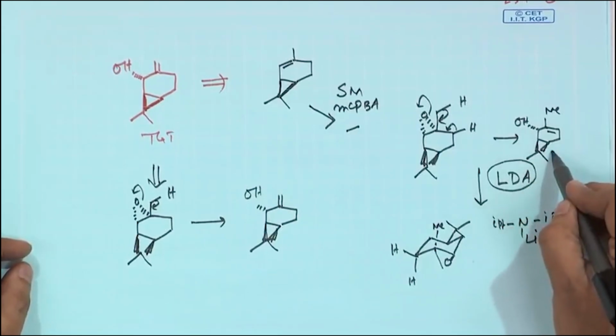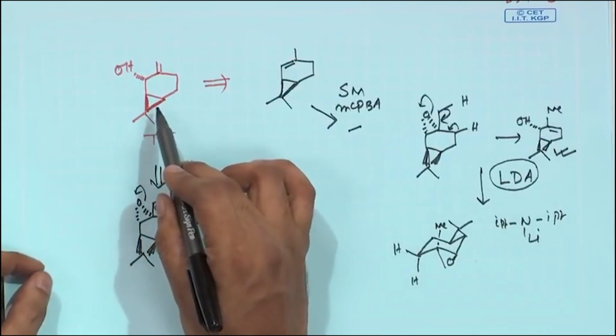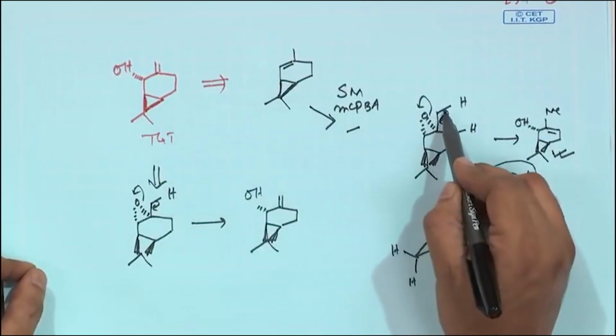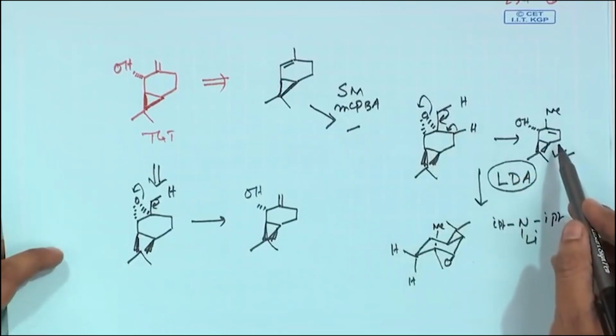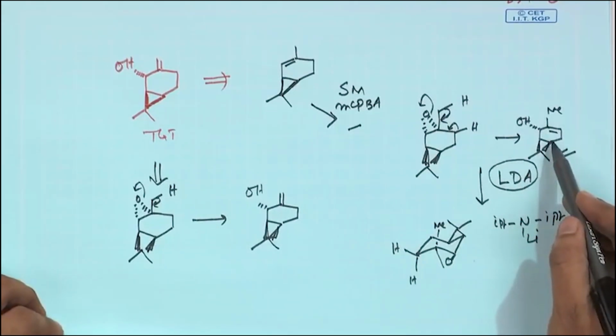In reality this product might also be formed, but as we have given only one product, you can take it that this hydrogen is abstracted. But there is an absolute possibility that the other product might also be formed.